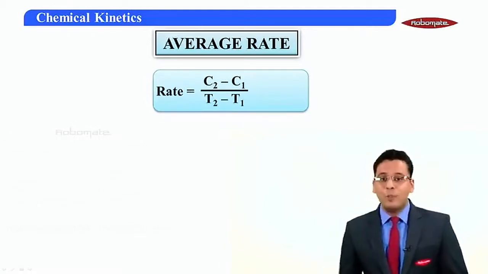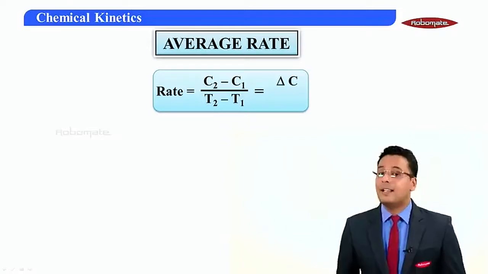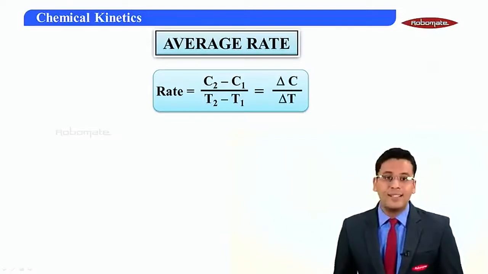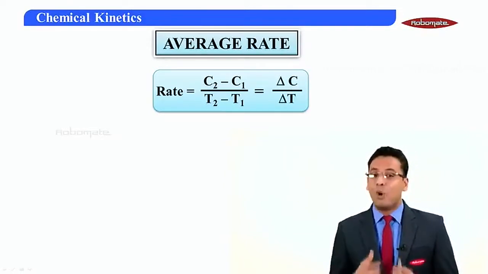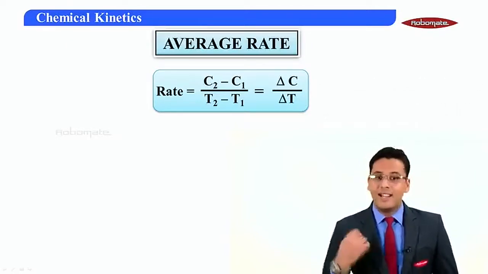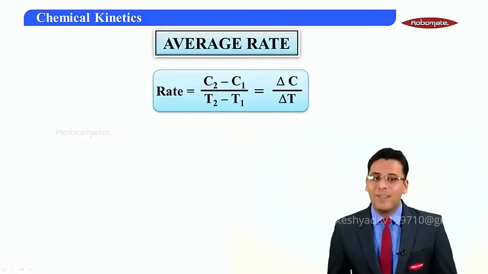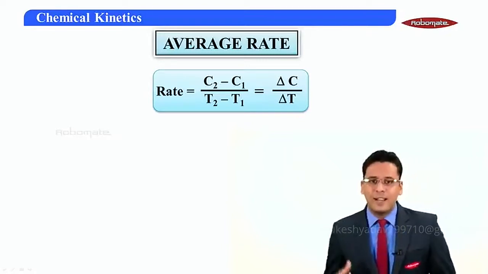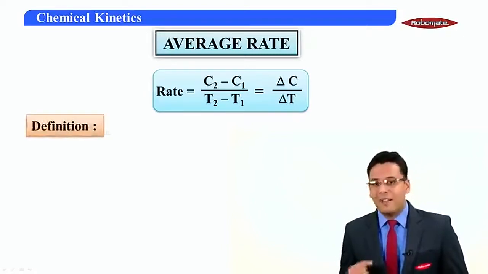This can also be represented as delta C upon delta T, where delta C is the overall change in concentration and delta T is the overall time taken. This itself is the definition of average rate.